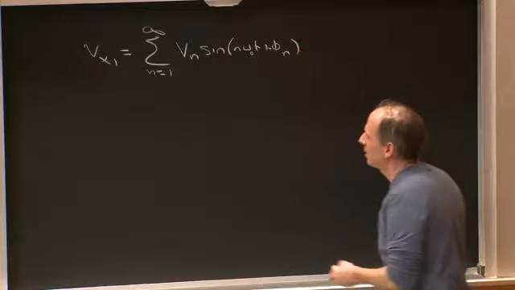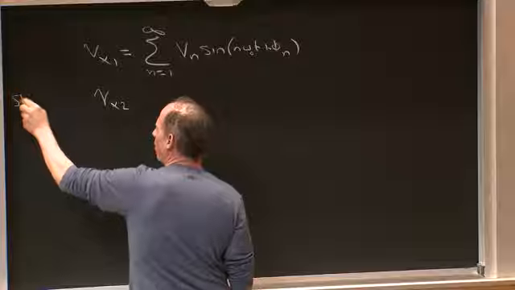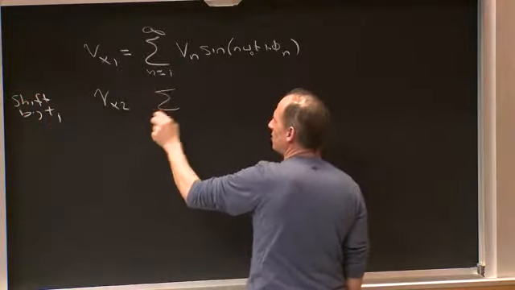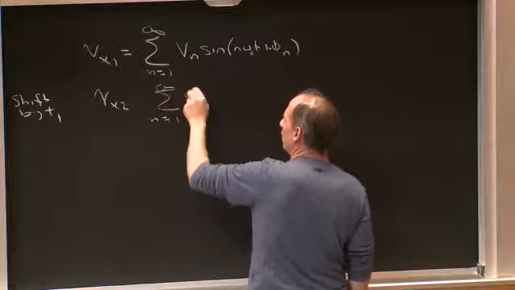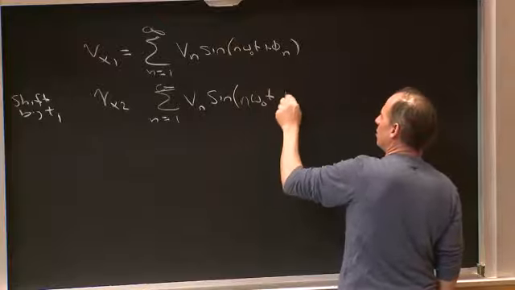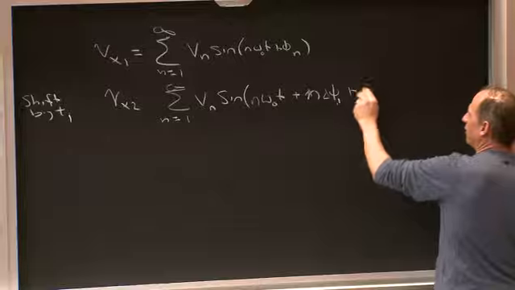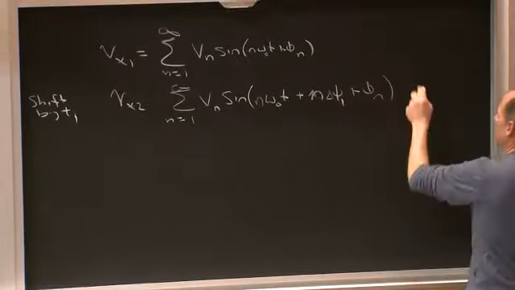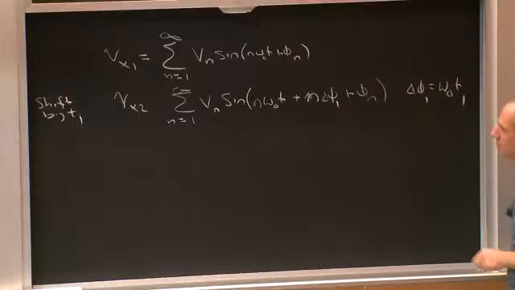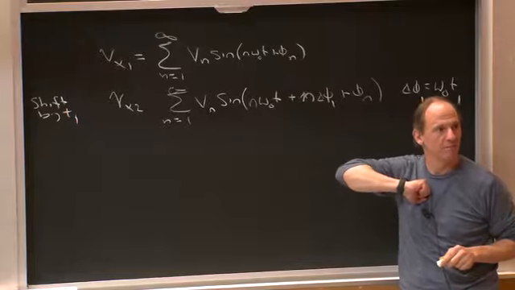That means that Vx2, if I shift by T1, is just going to be the summation of n equals 1 to infinity of V sub n sine of n omega naught t plus n delta phi 1 plus phi n, where delta phi 1 is just equal to omega naught T1.